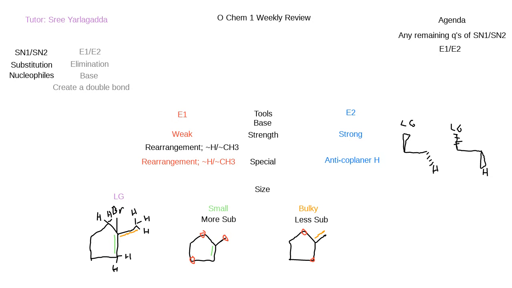Okay, and the terminology for a small base is called Zaitsev, Z-A-I-T-S-E-V. I think I spelled that correctly. And for a bulky base, this product is called a Hofmann elimination. So Zaitsev elimination and Hofmann elimination. Let me move everything so it's in the center.